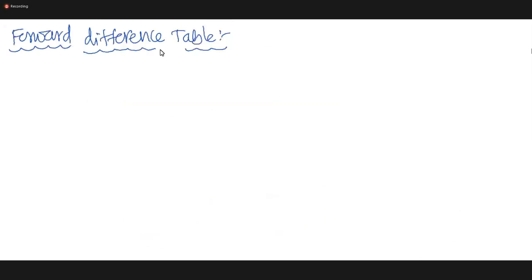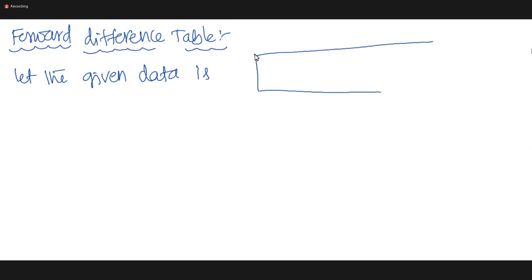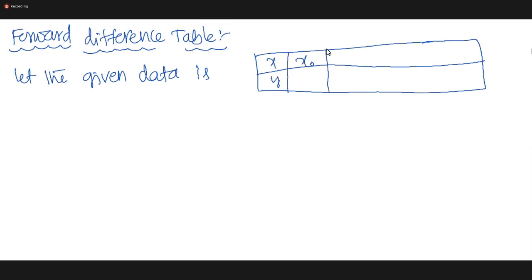So I have to construct the forward difference table for a finite data. Let the given data be, just I am revising the last class concepts.